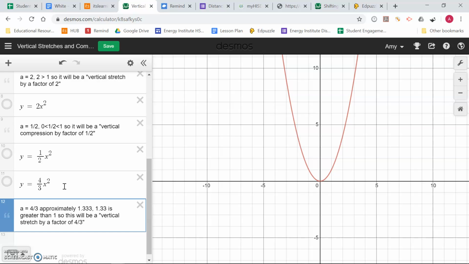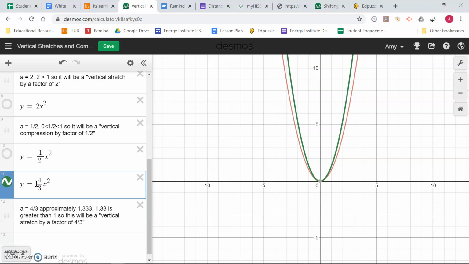Remember, we're not just looking, is it a fraction or is it a decimal? We're looking at, is the value of that fraction or decimal more than 1 or between 0 and 1? And if we look at that graph, it has gotten narrower because it has been stretched vertically. Now, what do you predict would happen if I put a negative in front of this number?